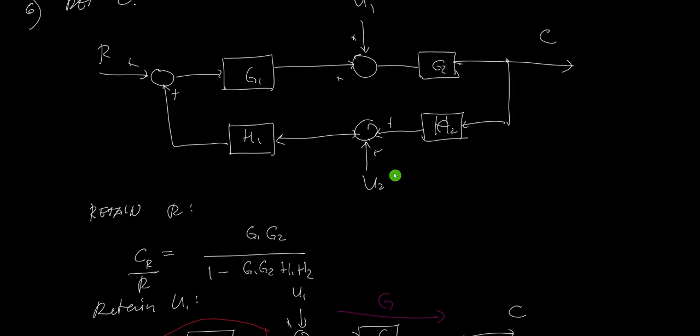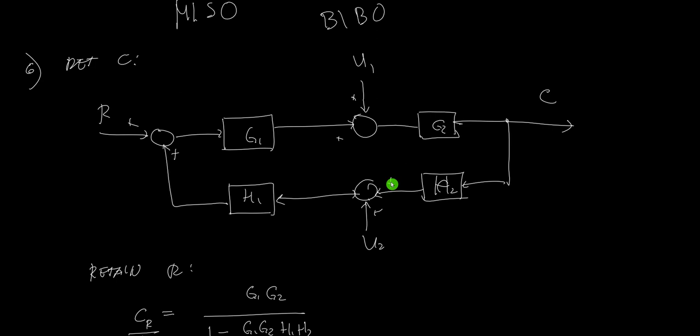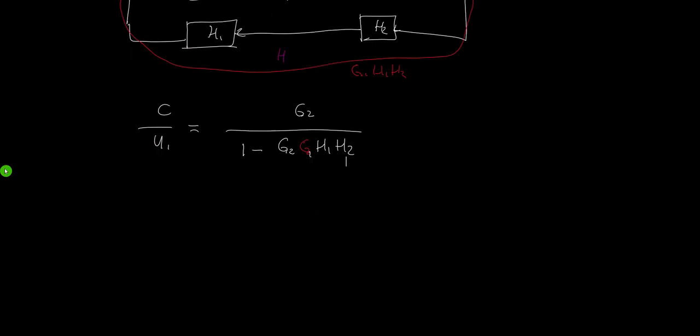And lastly, for U2, if you repeat the process, if this is my input, I rotate this one, put it here, this summing point. Our summing point here will go here, and that will be U2. Then what will happen to the feedback? Our only feedback now will be H2. And our forward path will be H1, G1, and G2. So retaining U2, C over U2 now will be, what will be our G?